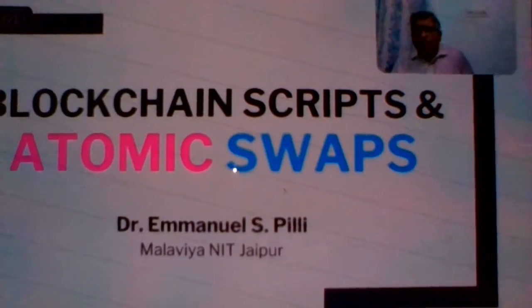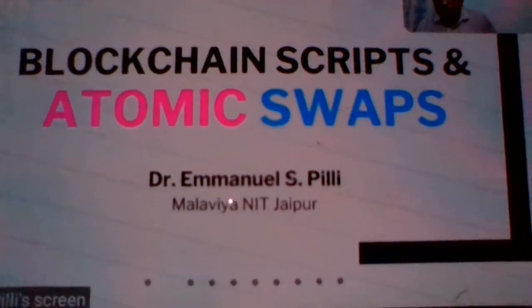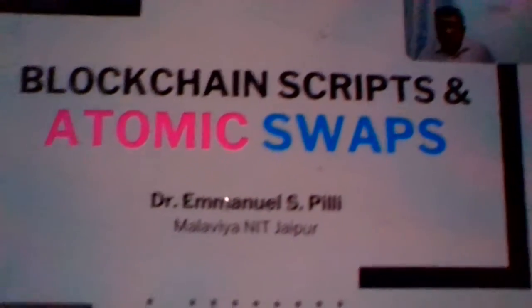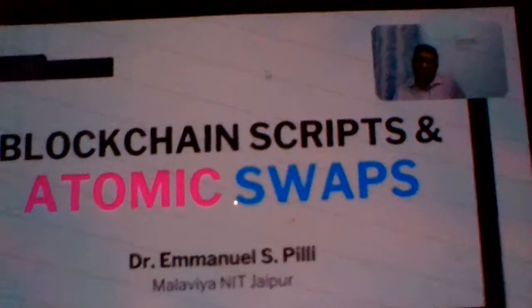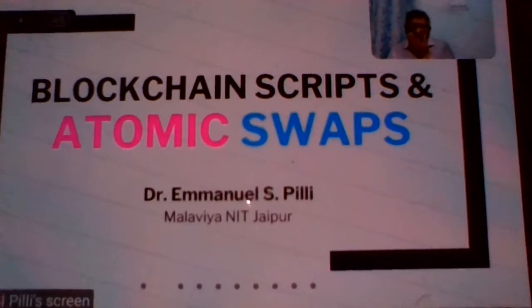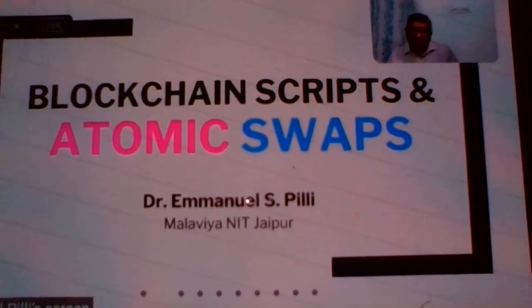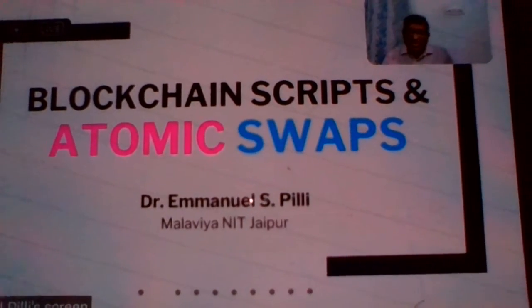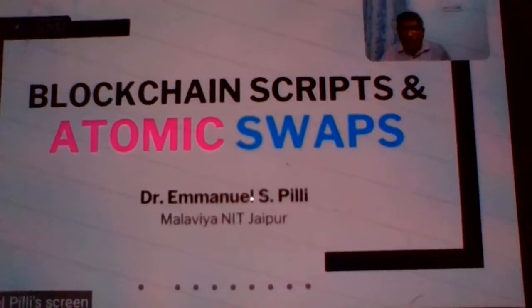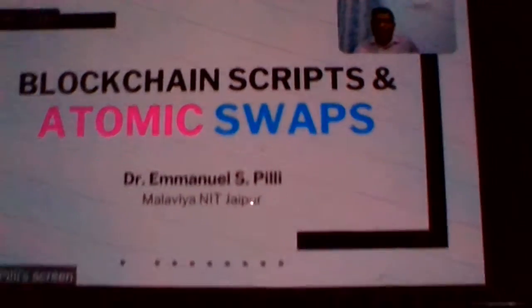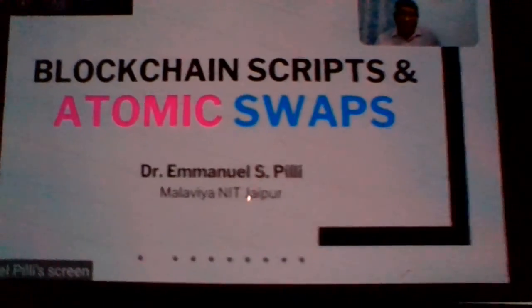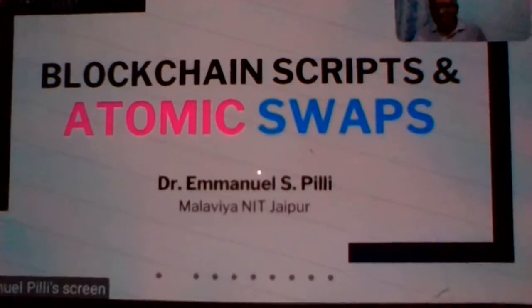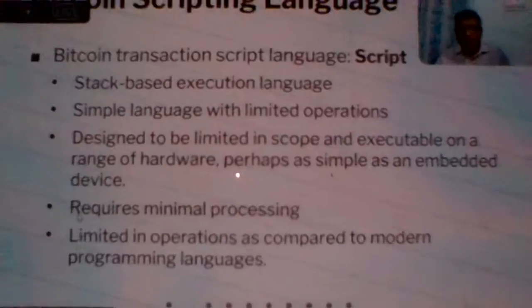So what is this aspect here? On blockchains there are a lot of scripts, right? And we will try to understand some of these scripts. We have understood Ethereum, you would have come across smart contracts, but there are other scripts like HTLC and Script. Script is a programming language for blockchains. For Ethereum, you have Solidity, like that. So let me take you through this.